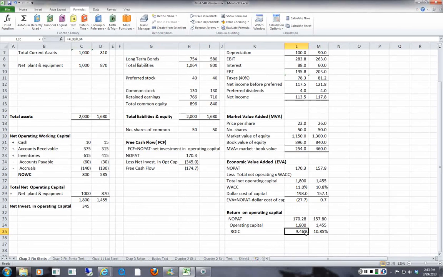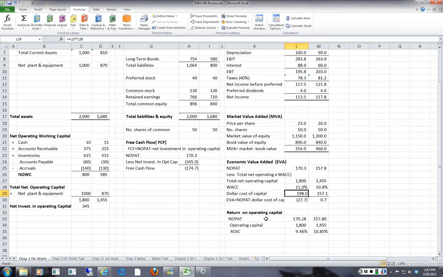Now, 9.46 is not good enough, because in this economic value added, EVA, we've got the NOPAT up there, and we've got that total net operating capital of $1,800,000 and $1,455,000, and the weighted average cost of capital is 11%, and so 11% times that $1,800,000 is $198,000, and that's the dollar cost of capital, and that's what the NOPAT needs to be.